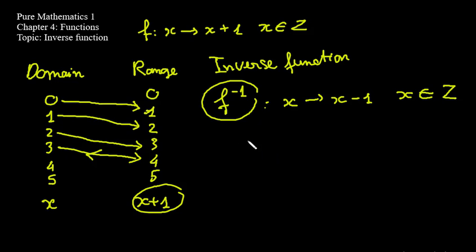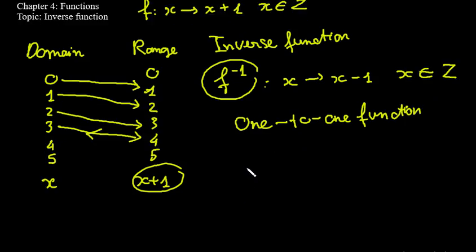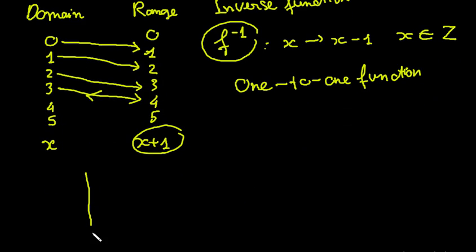And here we can look at the inverse function in this way. A function can be inversed only when it is a 1-to-1 function. Only a 1-to-1 function can have an inverse function. Why? If you look at the graph of some function, maybe like this one, here is the graph of this line.